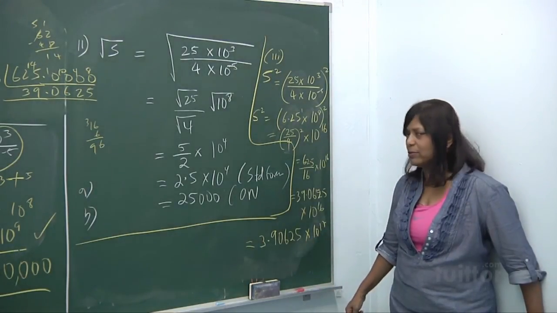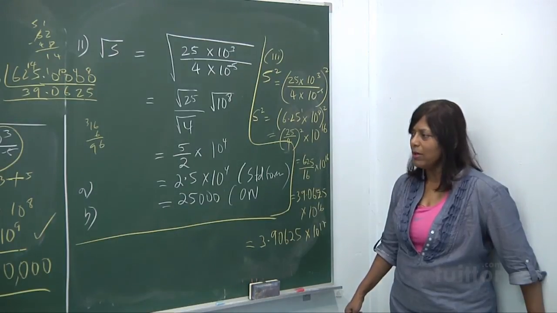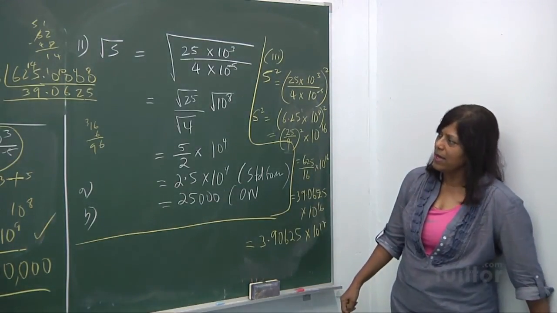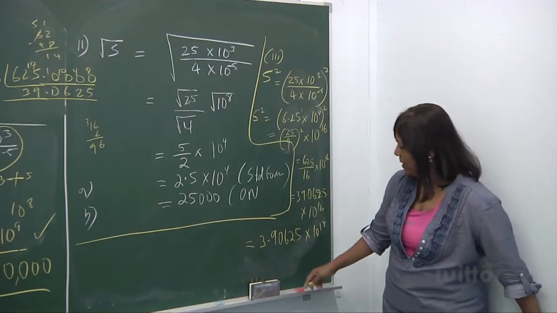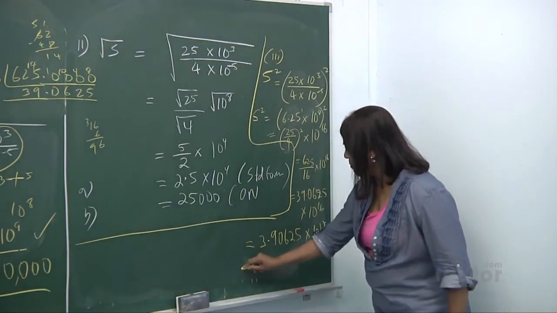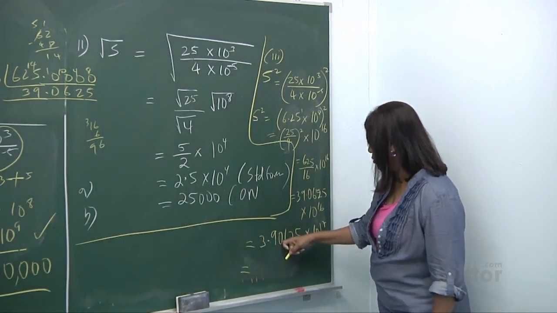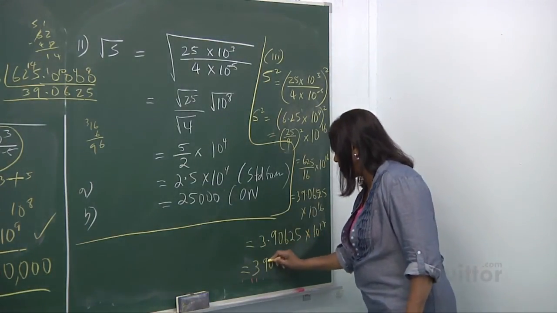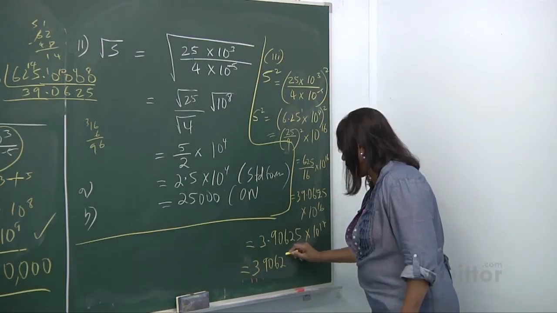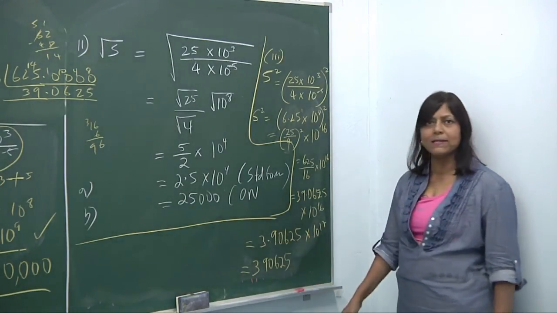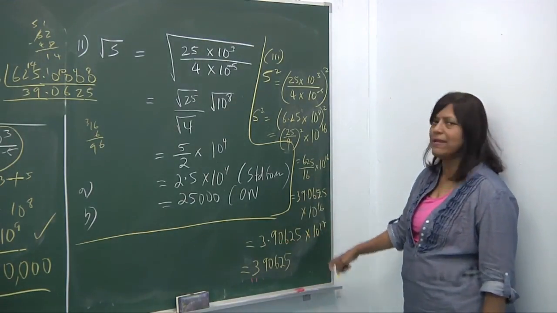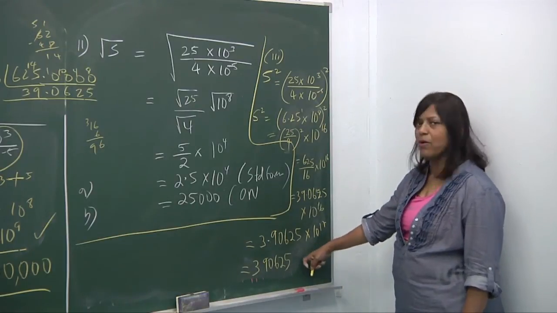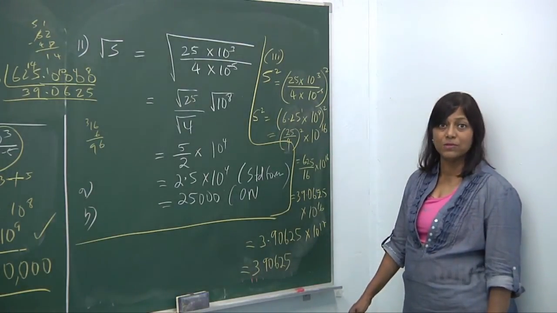In ordinary notation, wow, it's going to be huge. And I suppose if you need to put it in ordinary notation, you've got to move. Look at here, 3, 9, 0, 6, 2, 5. You already moved 5 places. You've got 17 here. You've got to put how many more zeros? 12 zeros.